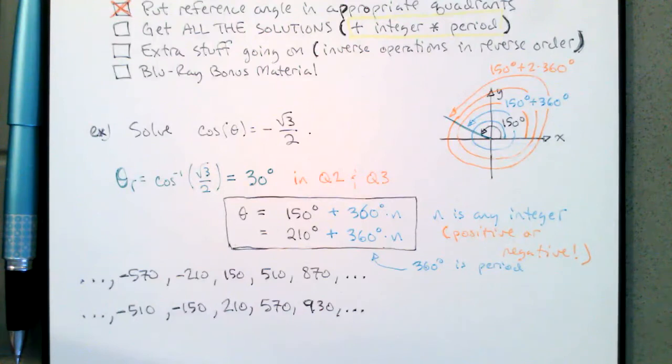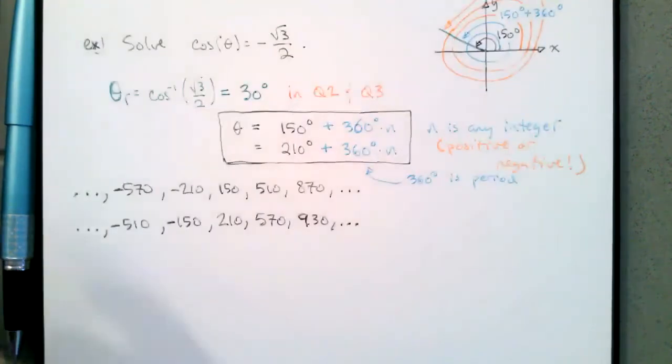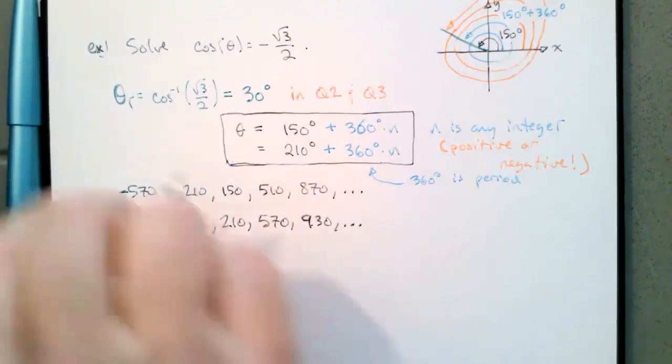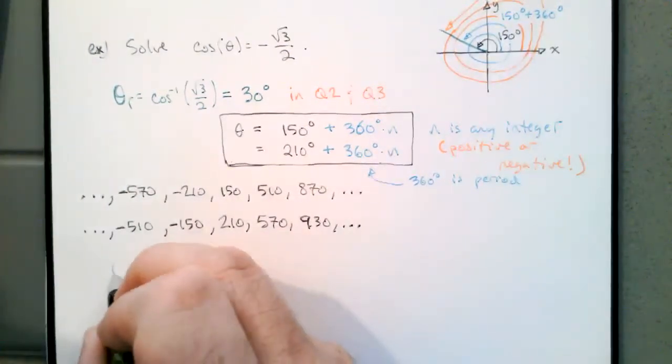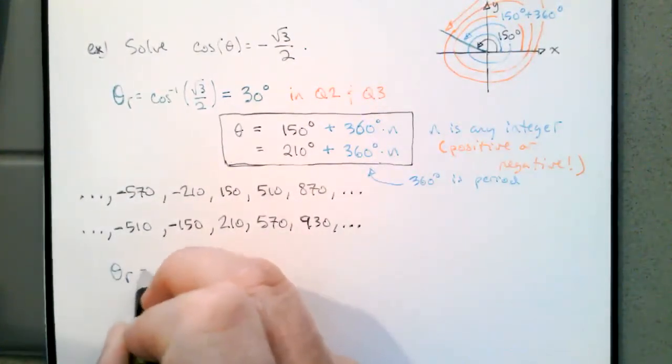If we're doing the problem in radians, I didn't specify whether I wanted radians or degrees in this case. I started with degrees because I was not sure of my arithmetic skills, especially after forgetting what the cosine inverse of root 3 over 2 is. But if we wanted to do the problem in radians, we would just convert everything to radians. You can do the problem in degrees in your mind and just write down the radians.